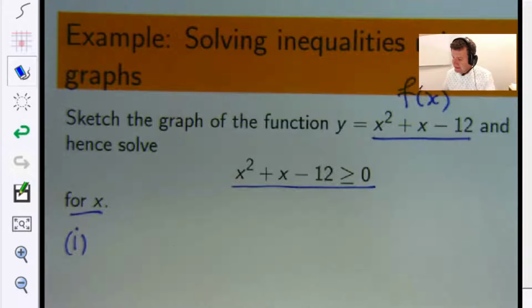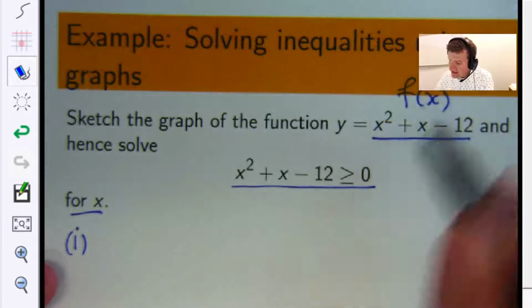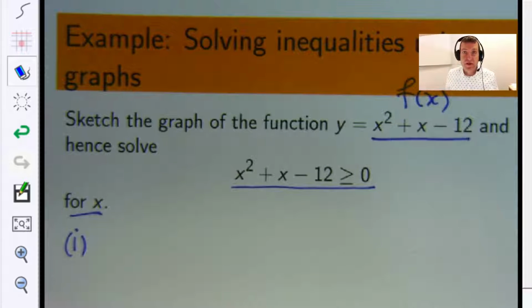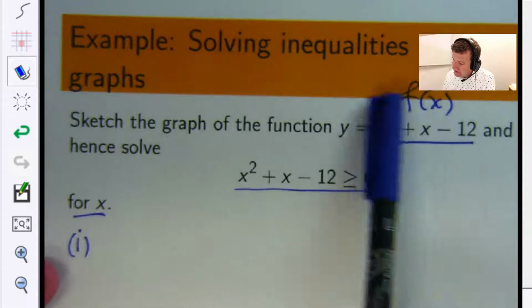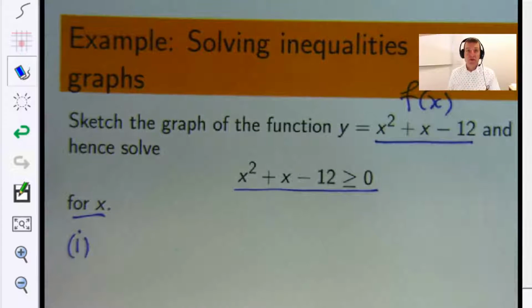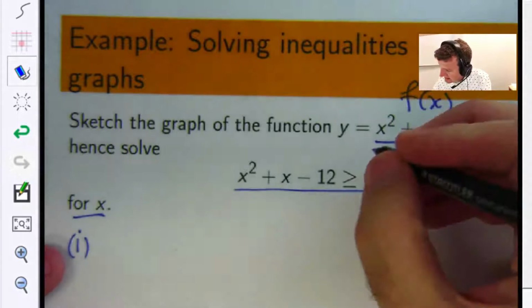If we factorize this and set it equal to 0, we can find the x-intercepts, so they're the points where the graph cuts the x-axis. And if we plug in x equals 0, we find the y-intercept.